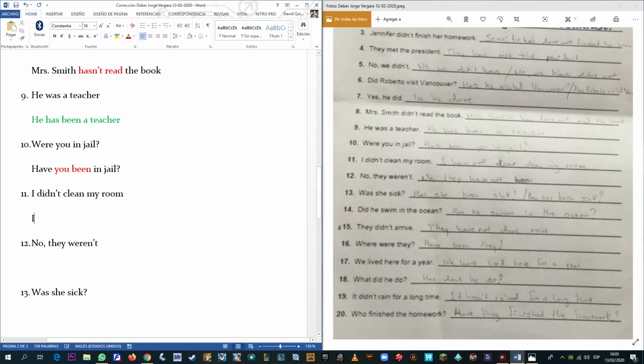So it could be I haven't cleaned my room, and that's it. Again, we should try to conserve this structure. The auxiliary verb, if it is negative, of course we put it in negative form. I haven't cleaned my room. Now the word done. It is not correct.